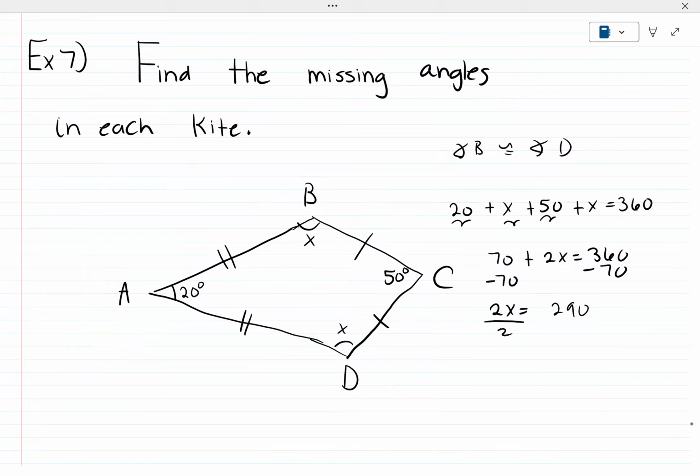Divide this by 2, and 290 divided by 2 is 145. So I think angle B is going to be 145.